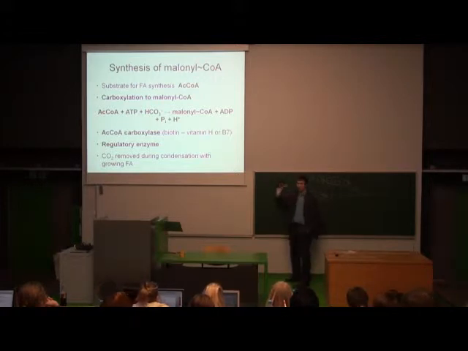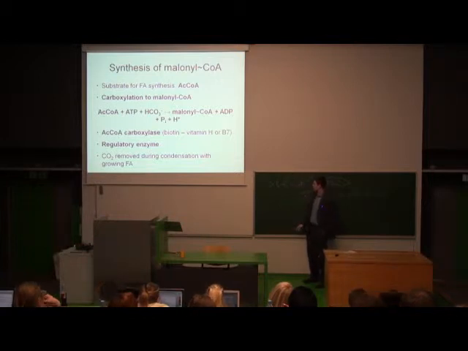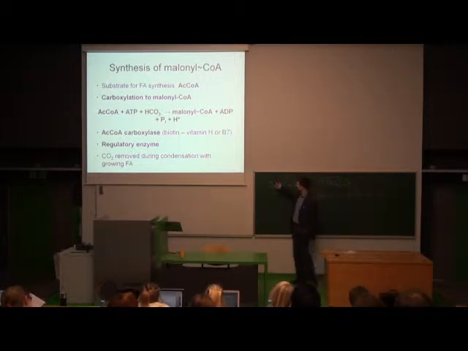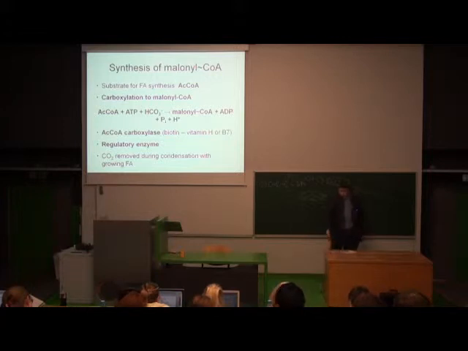So how many carbon atoms has malonyl? 3. This one is bound to coenzyme A. So here is double bond. And what I should draw here? H2, yes. And carboxy group.